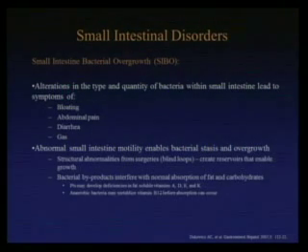And you can actually have a development of deficiencies in fat-soluble vitamins, and the anaerobic bacteria that are over-colonizing the small intestine can actually metabolize vitamin B12 before it can be absorbed by the patient. If you do testing in these patients, they may have low vitamin B12 levels but high folate levels.